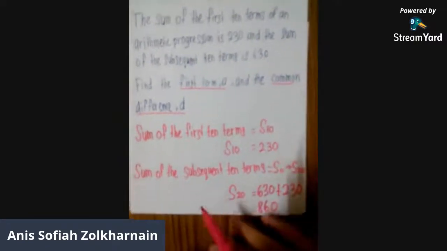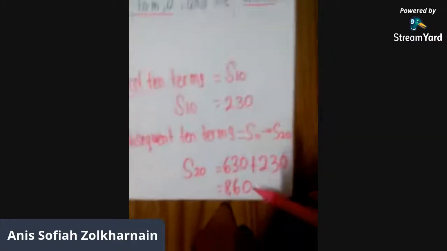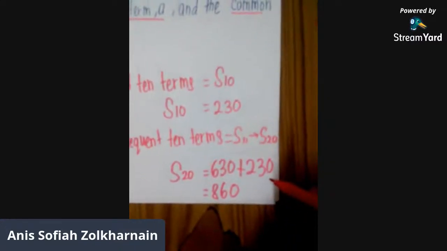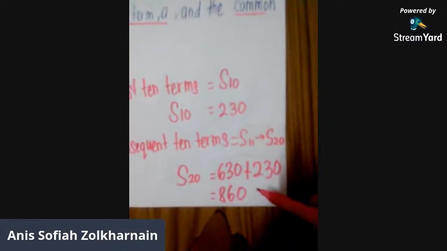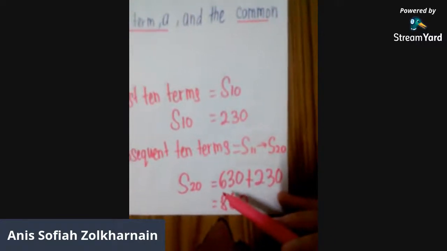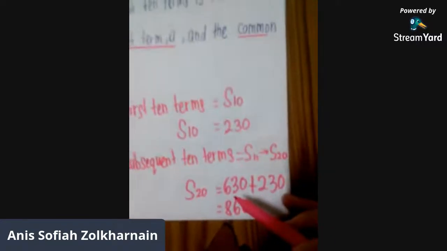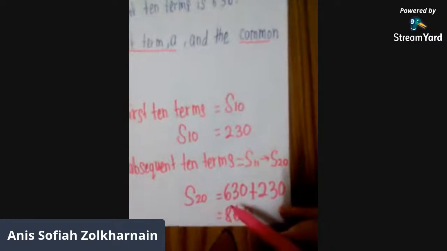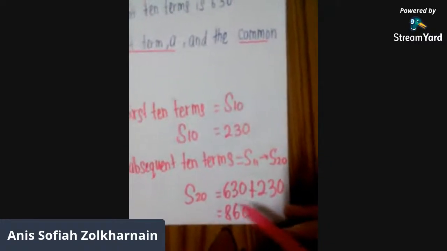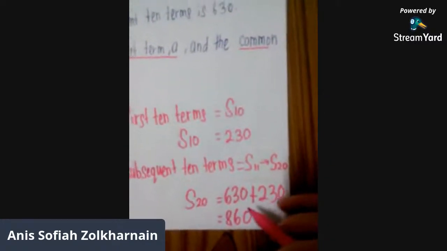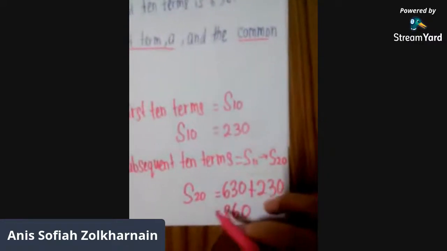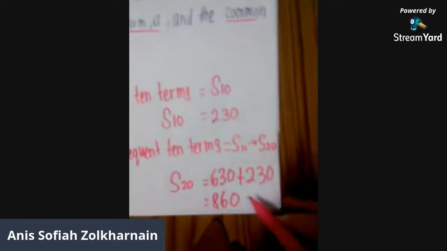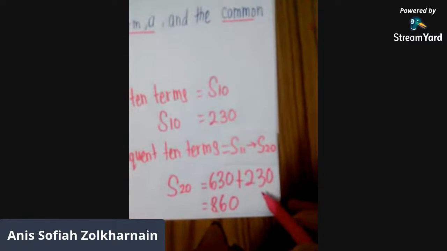So the sum of the first 20 terms is 630 plus 230. Why? Because 630 is actually the sum of T11 until T20. So in order to get the sum of the first 20 terms, we need to add 230.